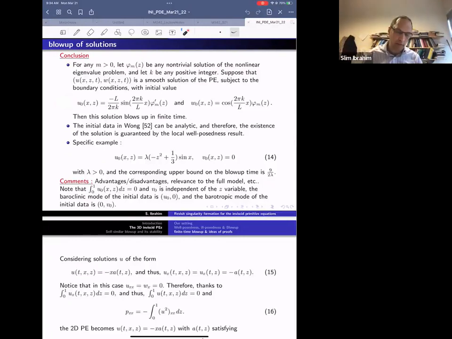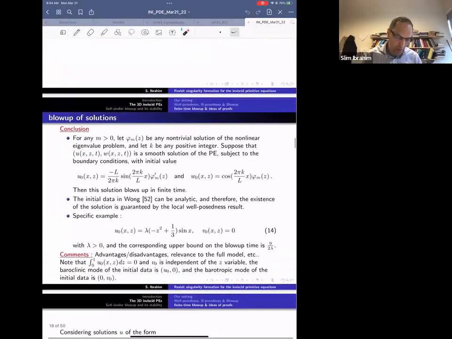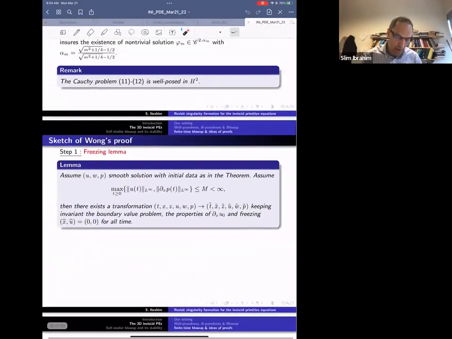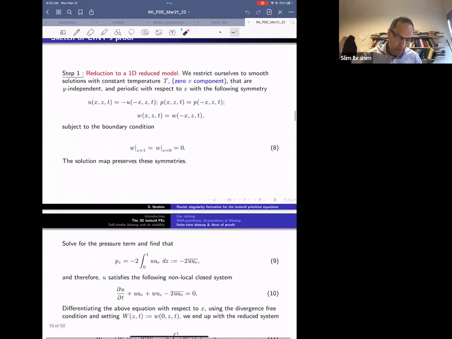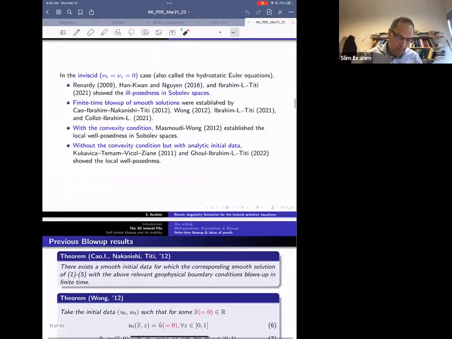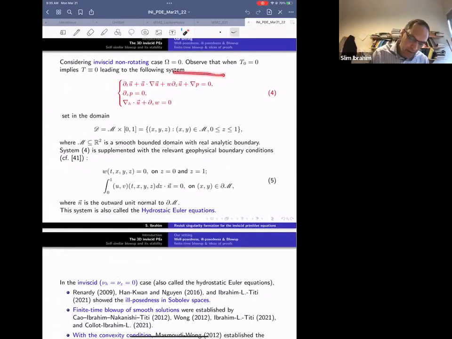You can rewrite the primitive equation. Sorry to bring you back a few slides here. Yeah, here. If you go back to the primitive equation, you can rewrite this equation 4 in terms of two equations on the barotropic component and the baroclinic component. What does this mean? The vector field u, you can decompose it into u bar plus u tilde.